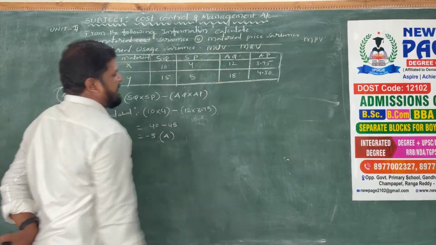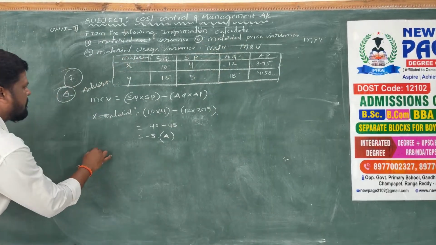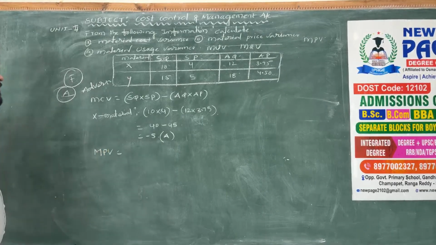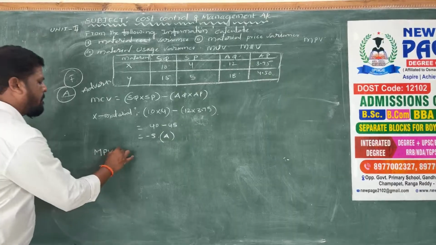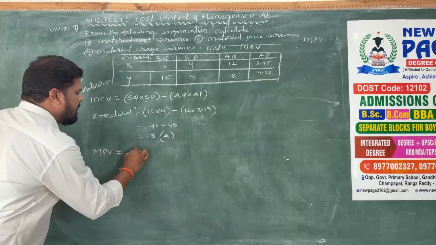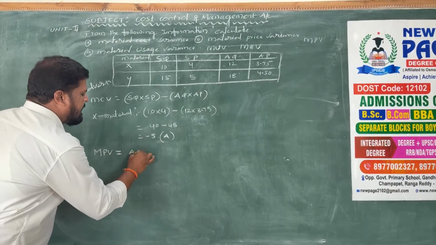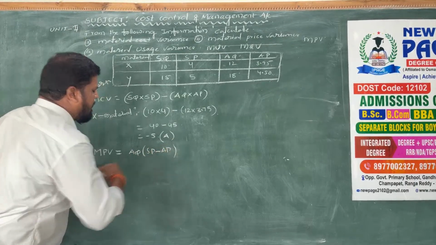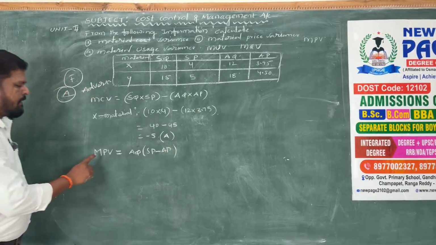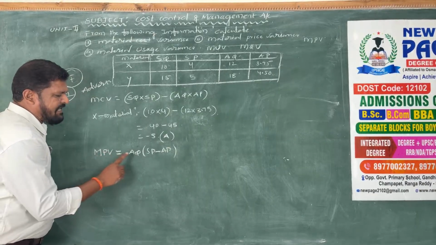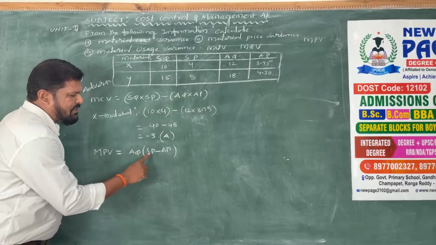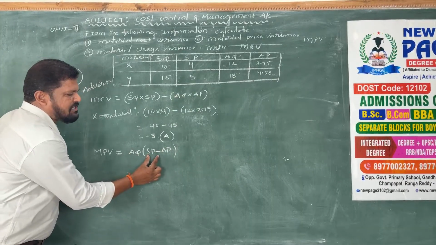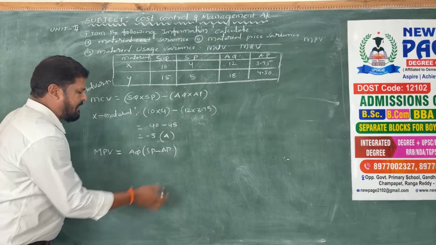Next one, material price variance. Material price variance is equal to AQ into SP minus AP, actual quantity into standard price minus actual price.